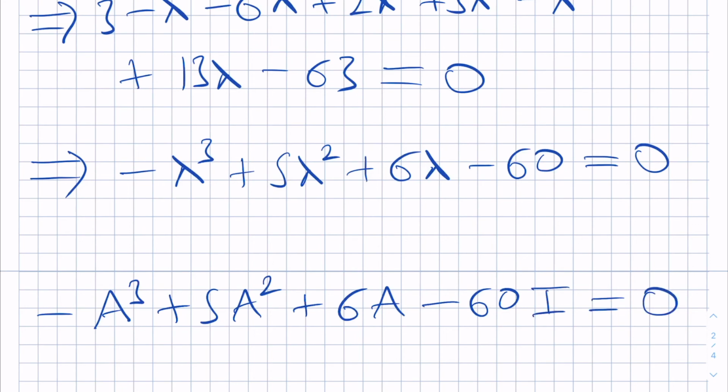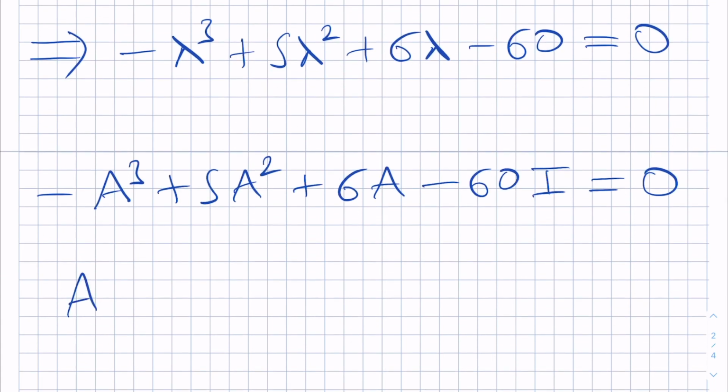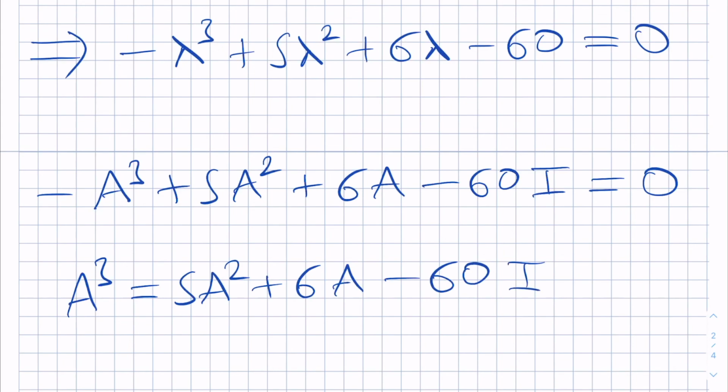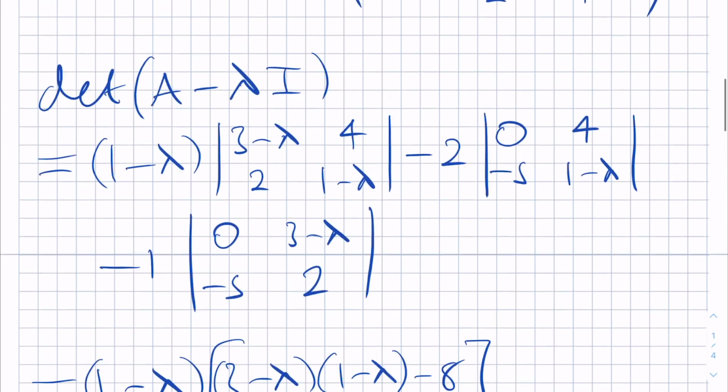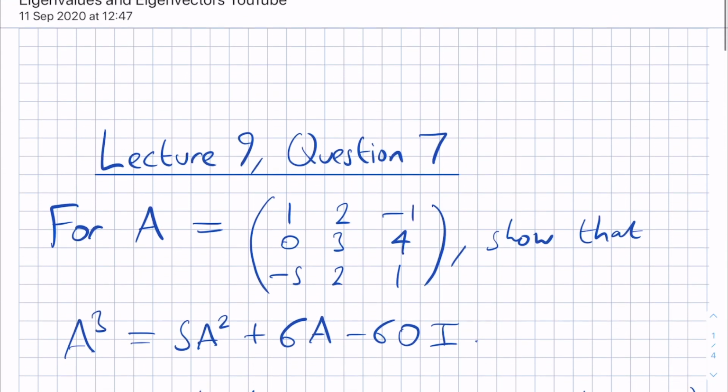The constant term here picks up an I for the identity matrix to ensure that this is a matrix equation. Finally, we rearrange to put the A cubed onto the other side. We have A cubed is equal to 5A squared plus 6A minus 60I. So indeed, we have shown what we wanted to show up here.